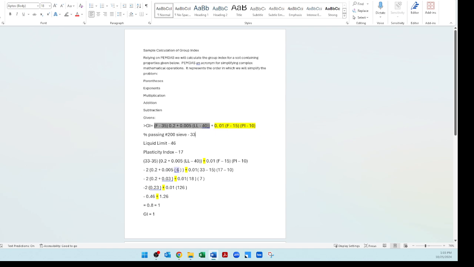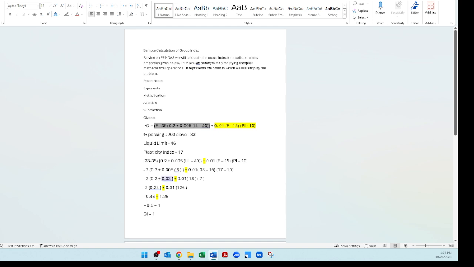But yet, it's still got to be multiplied. So 0.005 times 6 is 30 thousandths. And here's our minus 2 that's followed us all the way.